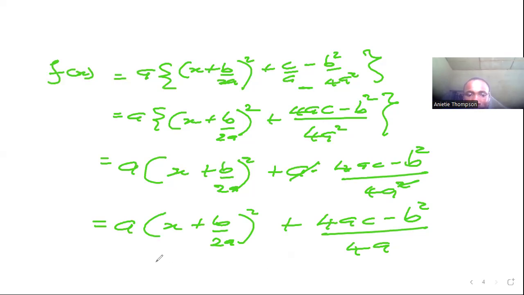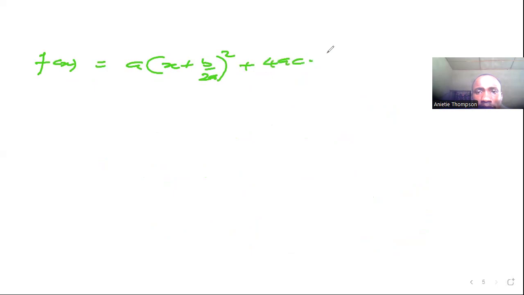So at this point, let's rewrite it out here. So f of x equals a into x plus b over 2a all squared, then plus 4ac minus b squared divided by 4a.